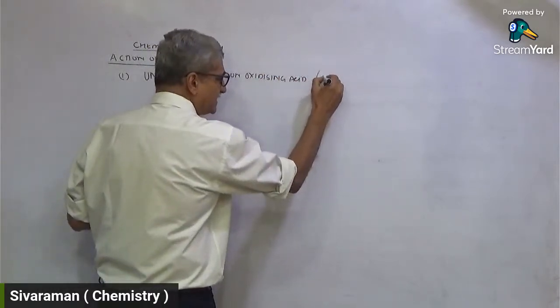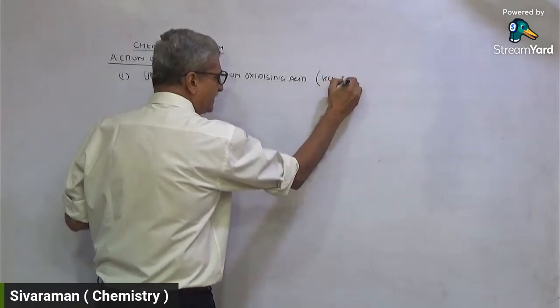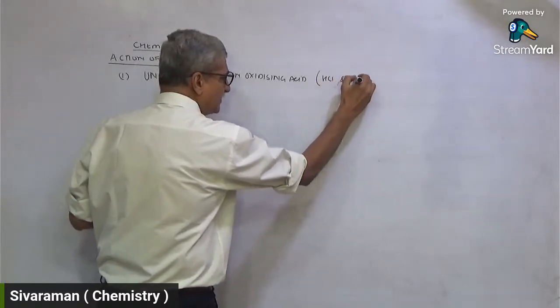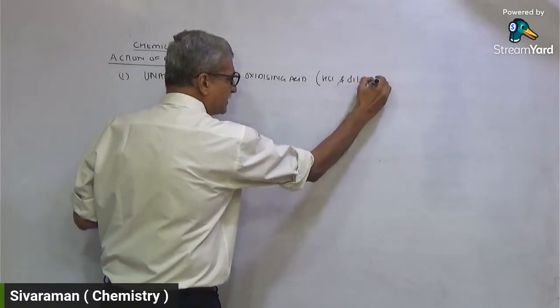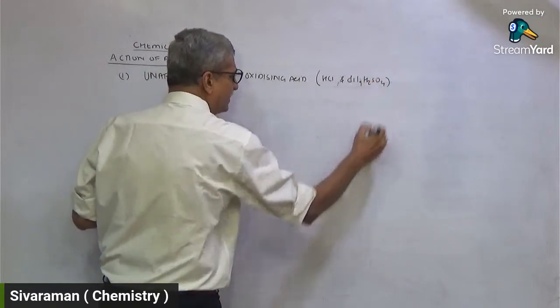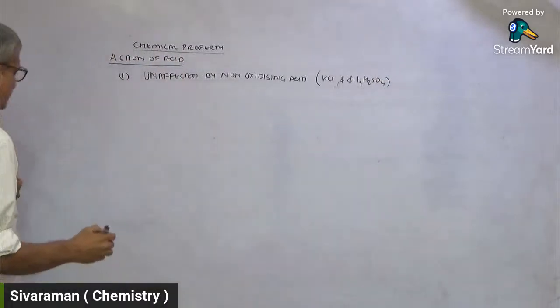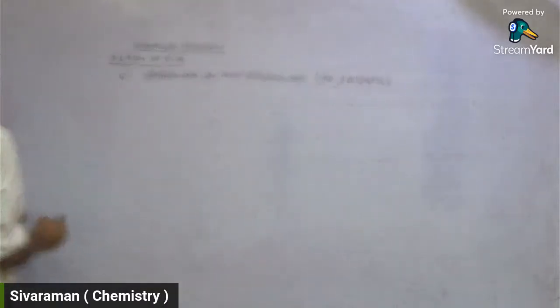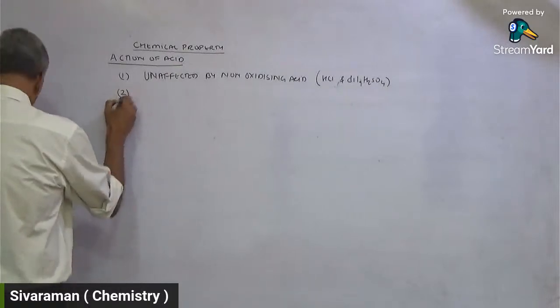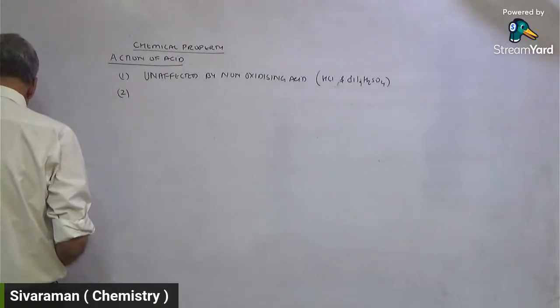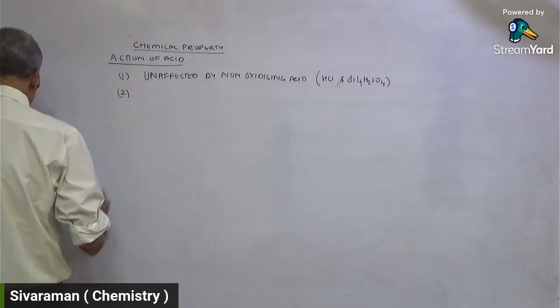Which are the non-oxidizing acids? I'm again writing the example: HCl and dilute sulfuric acid. I'm very clear, dilute, not concentrated. Concentrated is an oxidizing agent. Is this clear? So what happens with nitric acid: sulfur is oxidized.